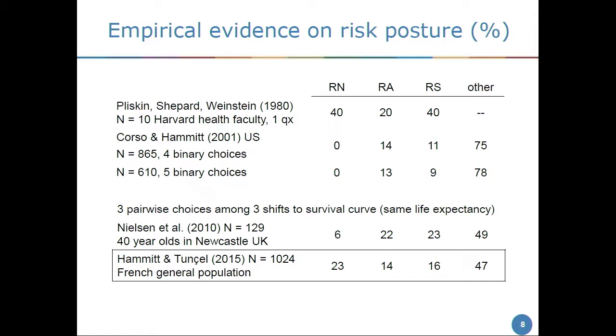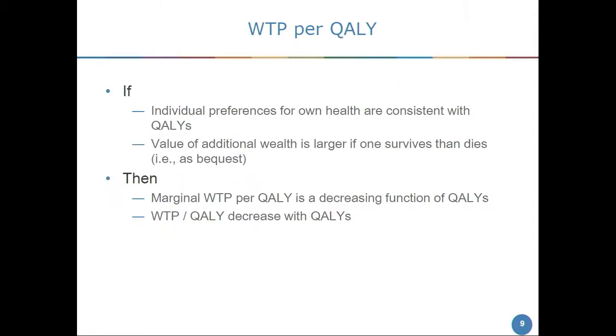A small fraction are risk neutral, and then the split between risk averse and risk seeking is sort of even in rough terms. So this is to say that QALYs may be a sort of reasonable approximation of utility, but they're not a very exact approximation for any individual.